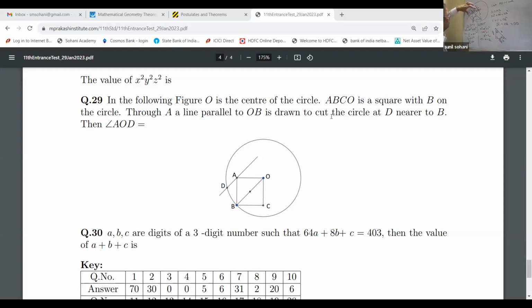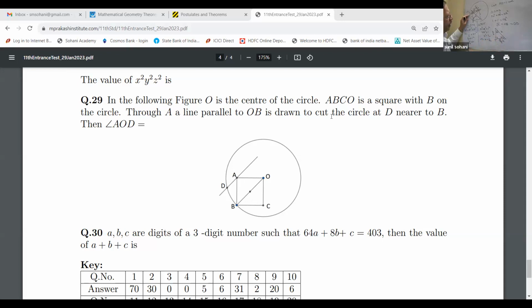In our case, what is the hypotenuse? OD. And OD is how much? Root 2. So let me call this T as per our figure.